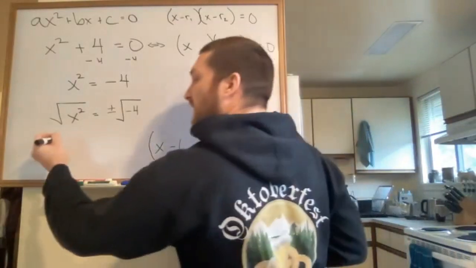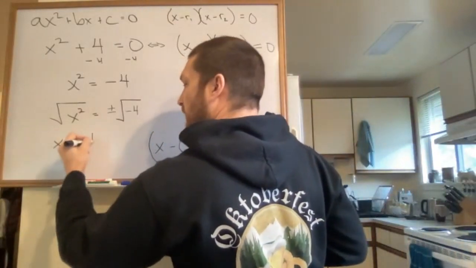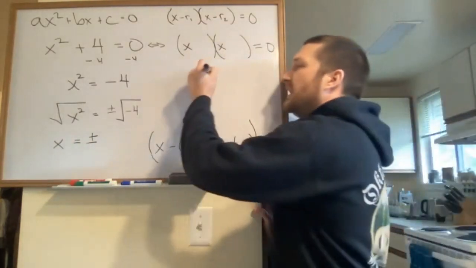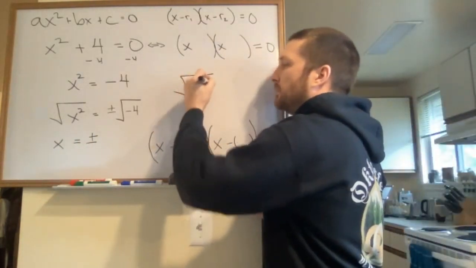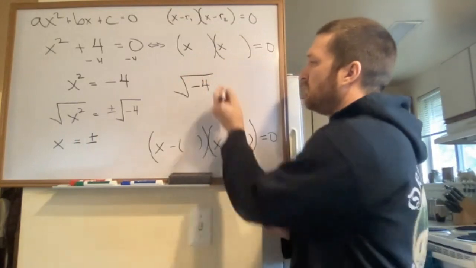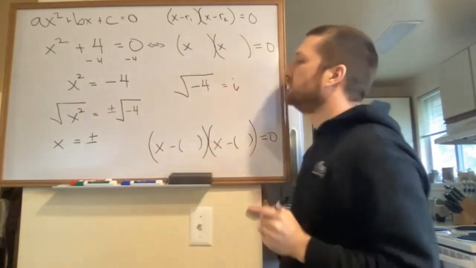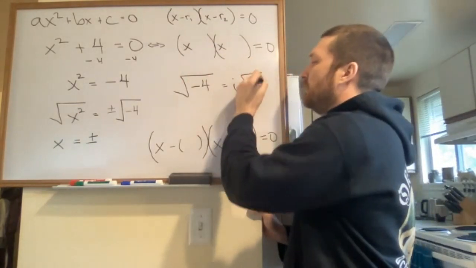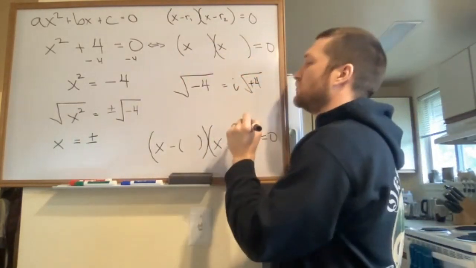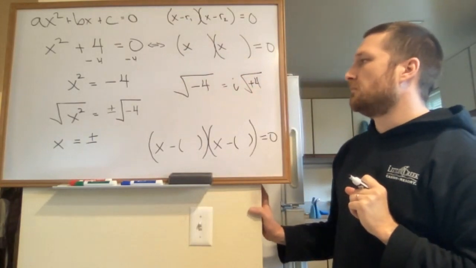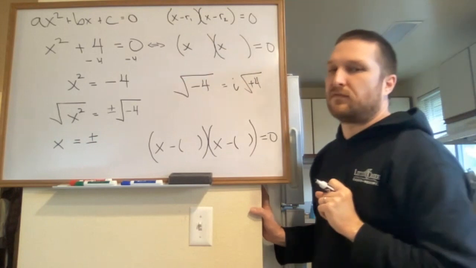So on the left-hand side, we have x equals plus or minus. What is the square root of -4? It's just i times the square root of 4.